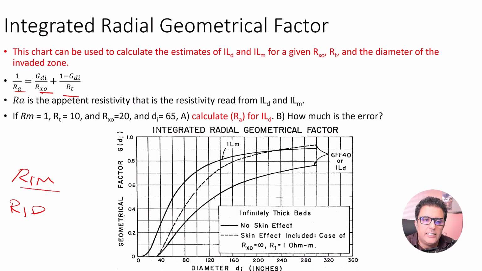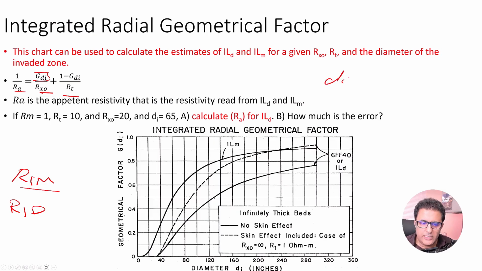And here we have another parameter, GDI, a geometrical factor that is a function of the diameter of the invasion zone, or DI. Now let me explain how it works.